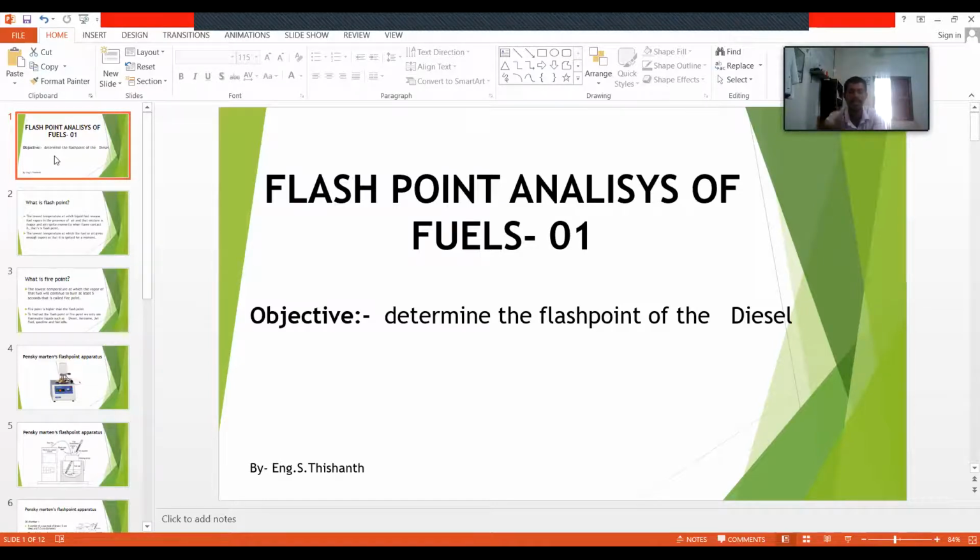It's already above the flash point temperature. So it will burn, right? Therefore, it is difficult to find out the flash point for petrol.